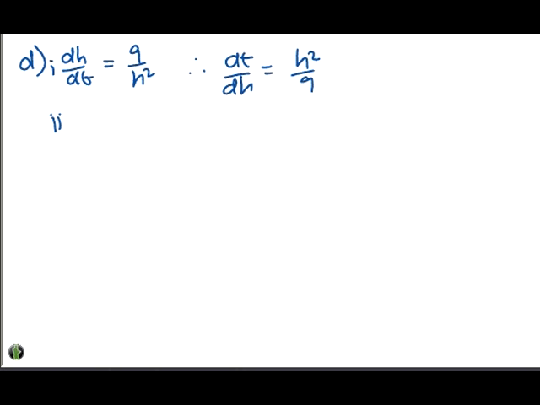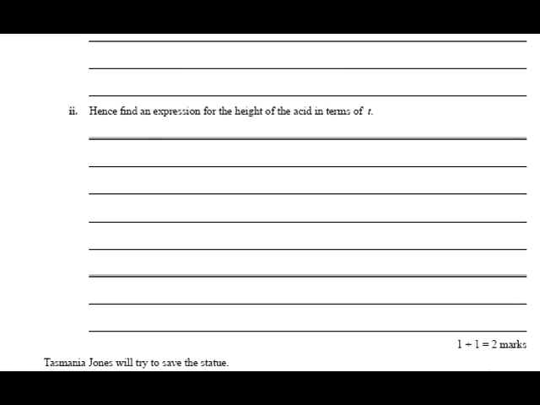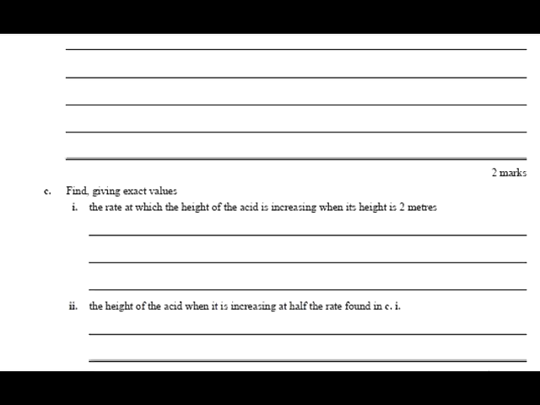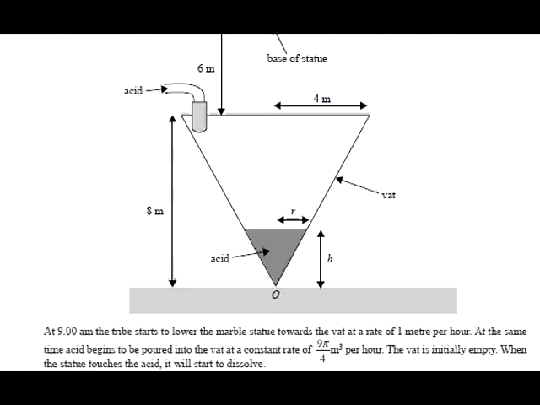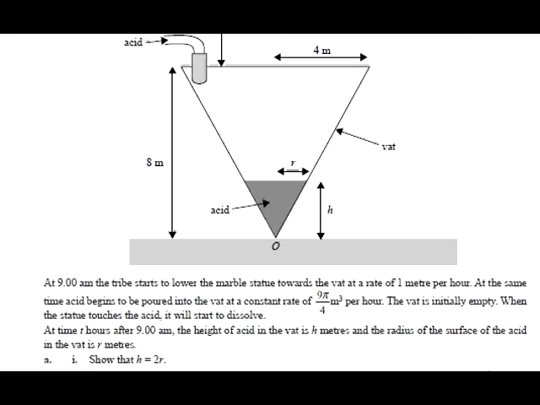Let's do it. So if dt/dh is h squared on 9, t is going to be, integrate that, you get 1 on 27 h cubed, plus C. Don't forget plus C. Okay, let's look for some initial conditions. When you read through the text, you'll see that the vat is initially empty.